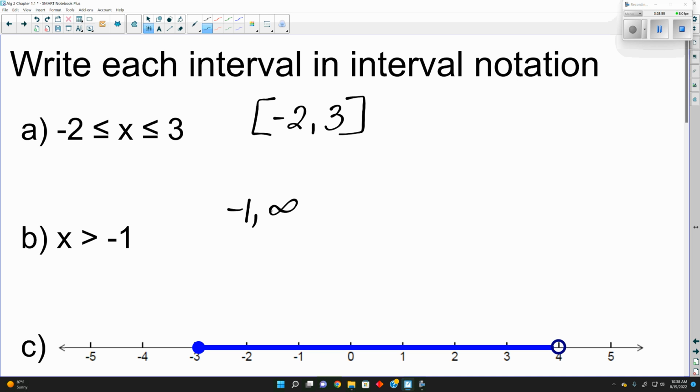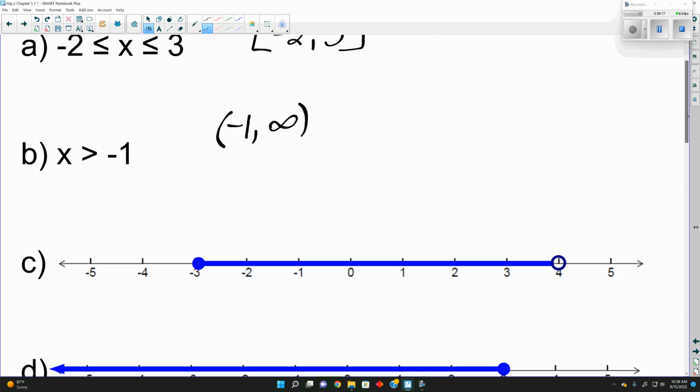Now, -1, is it included? No. So we would have a parenthesis, and infinity always has a parenthesis. Questions on any of this here? No? But that's it. Let's look at the next one.